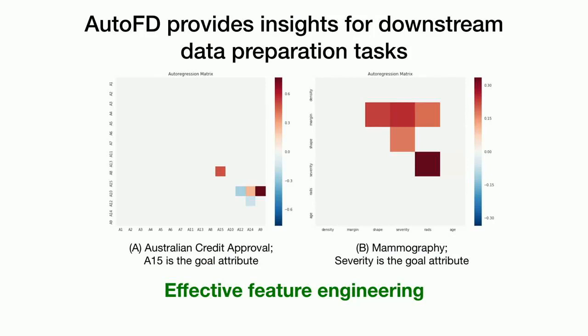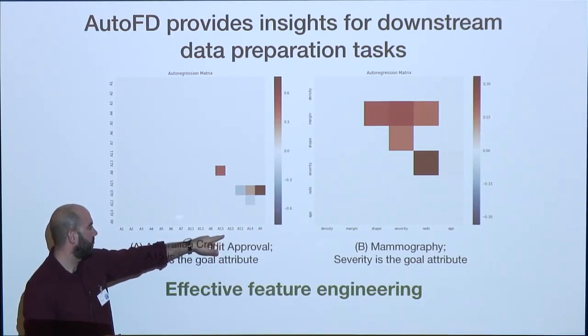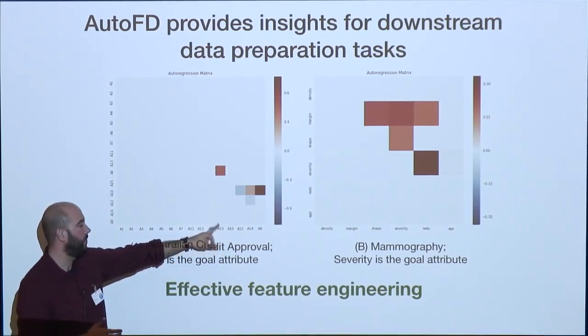The interesting thing about this structural result is that you can now do a bunch of things for automating data prep. For instance, I don't need to run any machine learning model to do feature engineering. These are two UCI datasets. This is an obfuscated dataset about credit approval, and the target attribute for classification is A15. I don't know what it means.